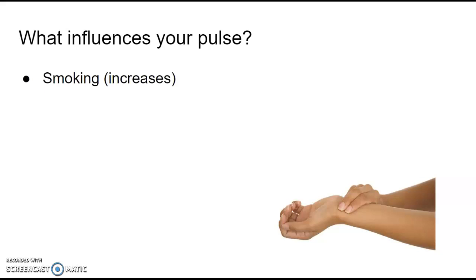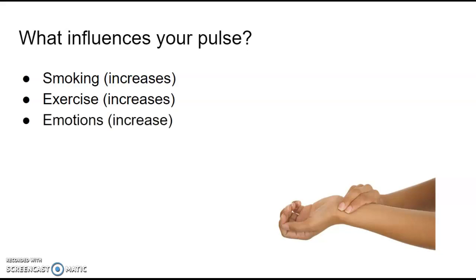The chemicals in a cigarette ultimately end up increasing your heart rate. Exercise, you know this, you can actually feel your heart beating faster when you're running or jumping or doing any kind of physical activity. Emotions. When you're scared or nervous, your heart will beat really fast. Emotions can also help decrease your pulse, but a lot of times we think about them increasing.